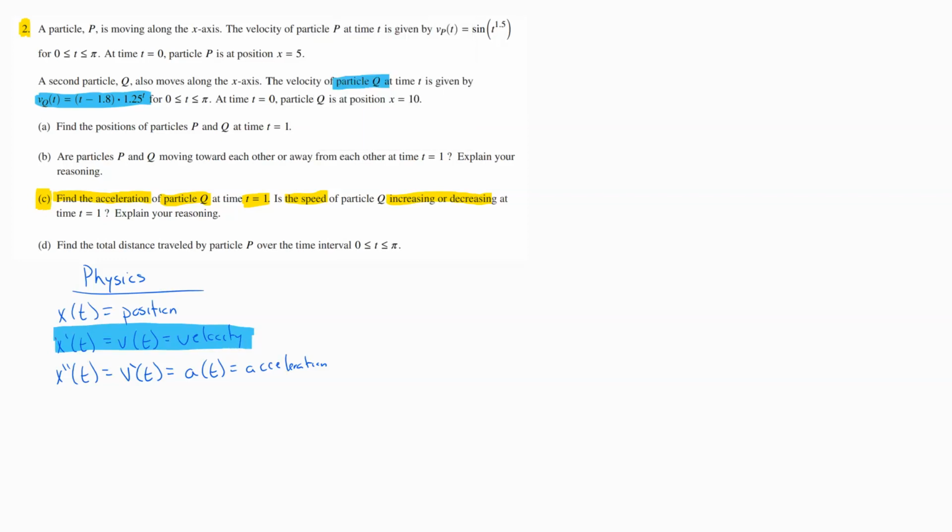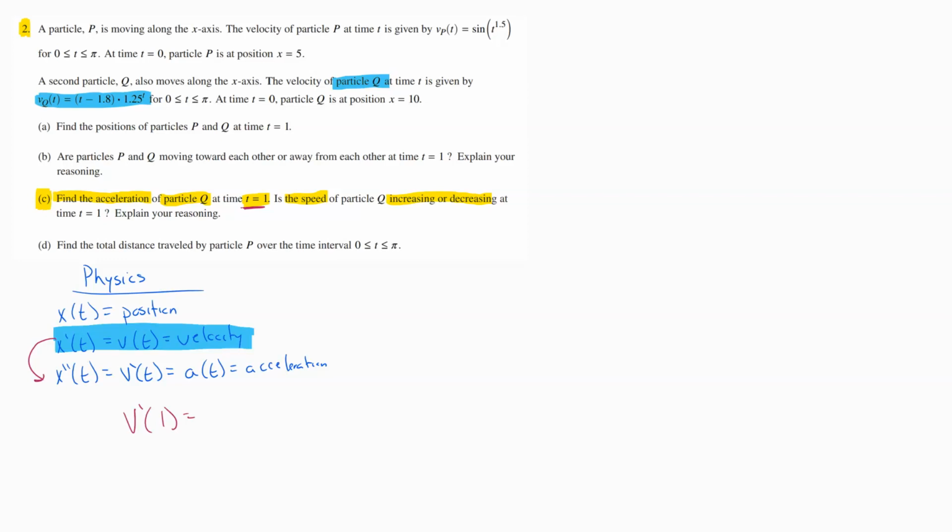And so what we need to do is take the derivative of our velocity equation to get our acceleration. Essentially what we want to find is v prime of 1 because they want to know the acceleration at 1. The beautiful part for us is we don't actually have to do any of the derivative by hand. This is a calculator required section, so the calculator can always find the derivative for us at a specific value.